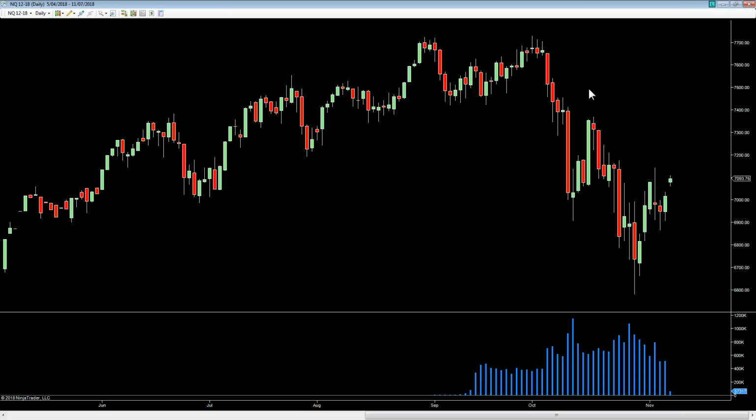And here too, we have a similar look where we've had that move lower, and now I'm thinking, okay, is this a bear flag in the making? Or is it the break of a trend line?